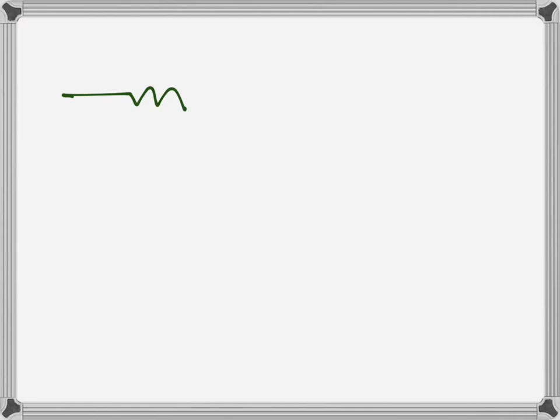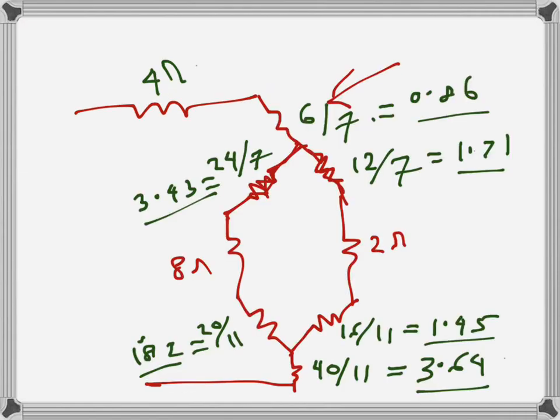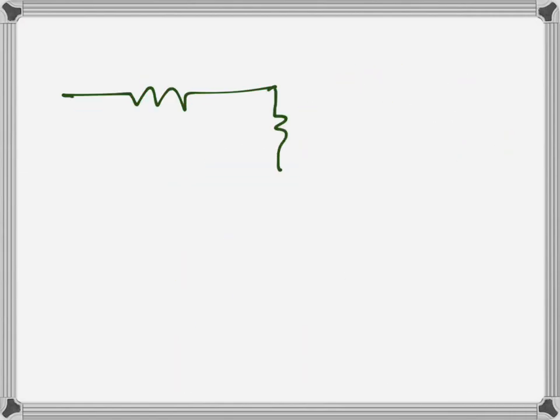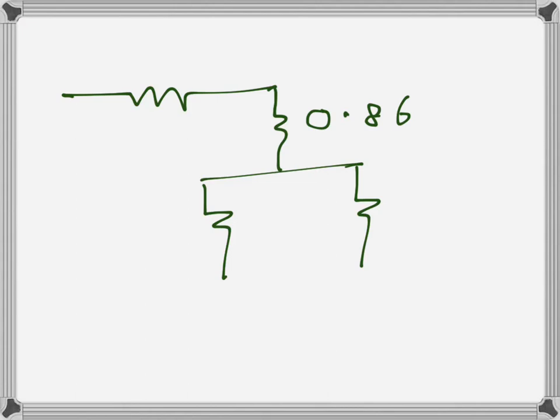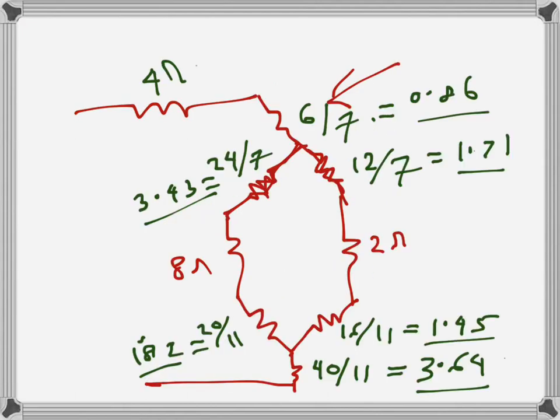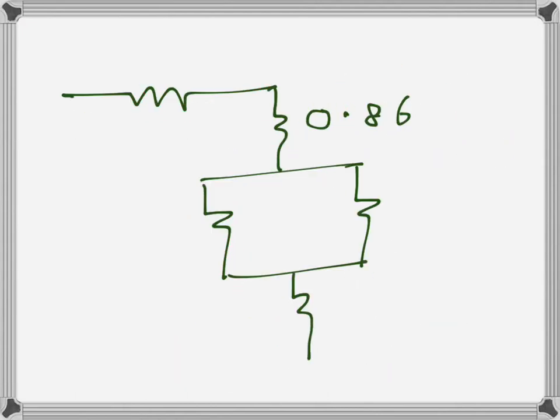So I will have 4 ohms here, and then I will have 0.86 there, and we will have 2 resistances like that, and then we will again have 3.64 ohms here, so all ohms of course.